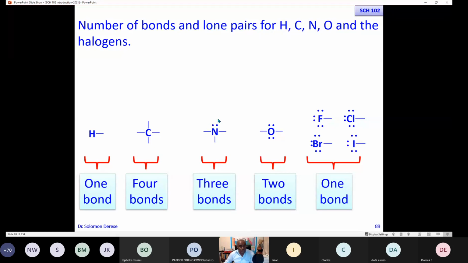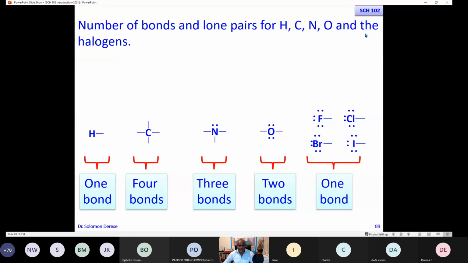So nitrogen will have 1 lone pair of electrons, which is not involved in chemical bonding. These 2 electrons are found sitting on the nitrogen. They are not involved in chemical bonding. So that's why they are called non-bonding electrons.